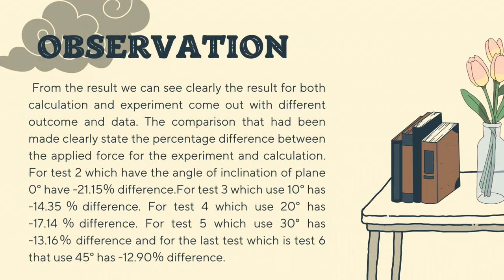Test 3, which uses 10 degrees, has negative 14.35% difference. Test 4, which uses 20 degrees, has negative 17.14% difference. Test 5, which uses 30 degrees, has negative 13.16% difference. And the last test, test 6, which uses 45 degrees, has negative 12.90% difference.